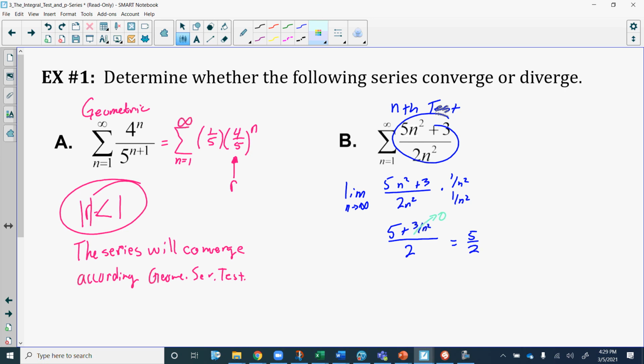So in this case, because the limit is not equal to 0, we've established what our limit is. Now again, does it converge or diverge?